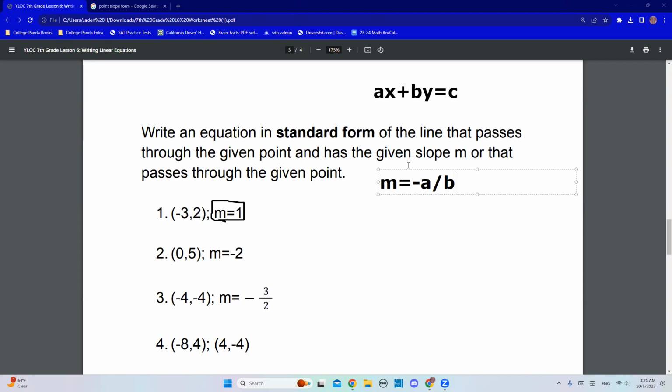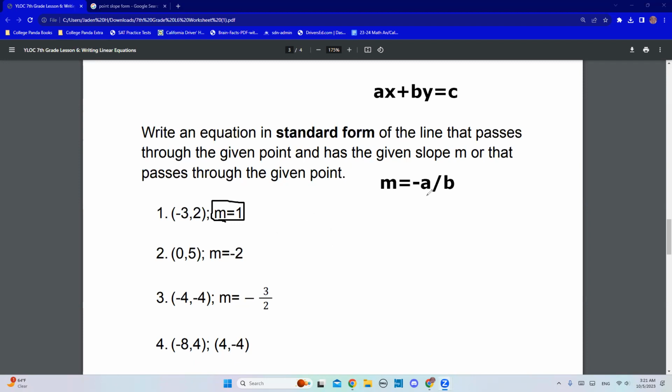All right, so if the slope is 1 in this equation, we would know that a and b are equal to 1, because 1 over 1 is just 1.